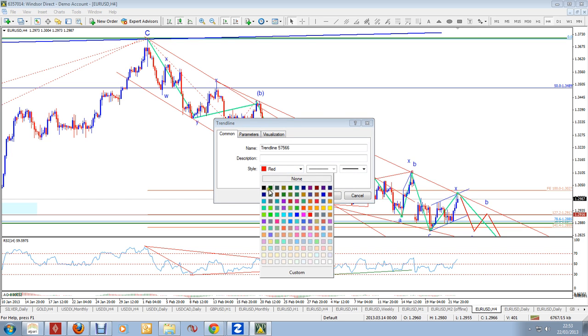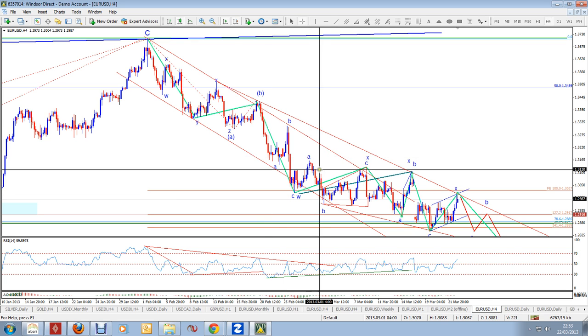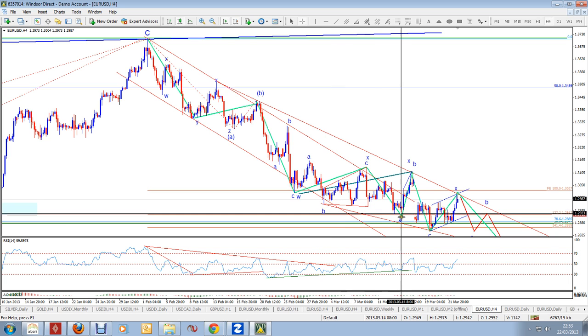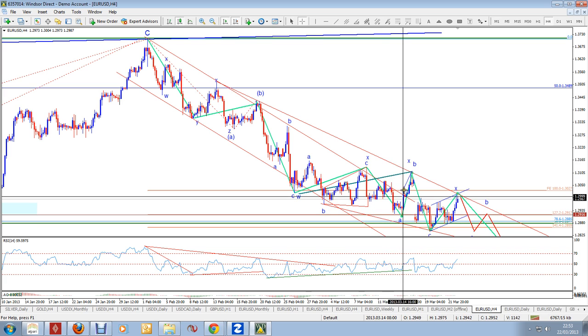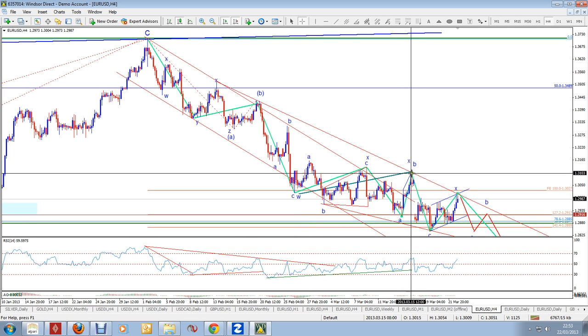I'm going to make that one dark green. Okay, so if you ignore the others, then A, B, C as a W, then we got wave A, then we got A, B and C as an expanded flat. So wave A, wave B, and then this coming up as a wave C. So that gave us a wave X, which was the high of last week Friday.